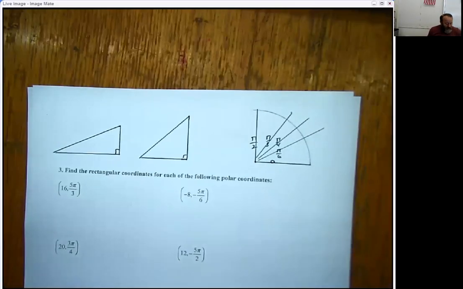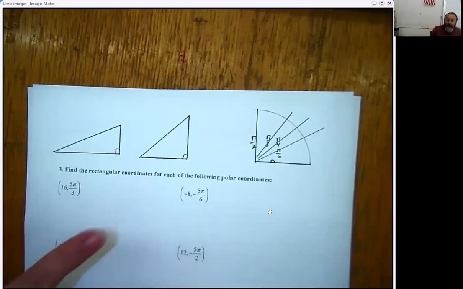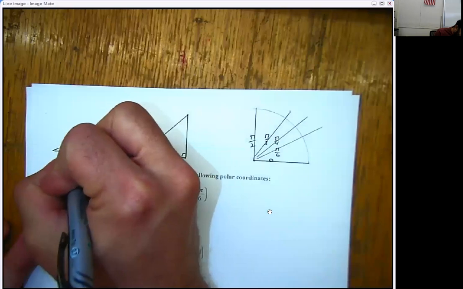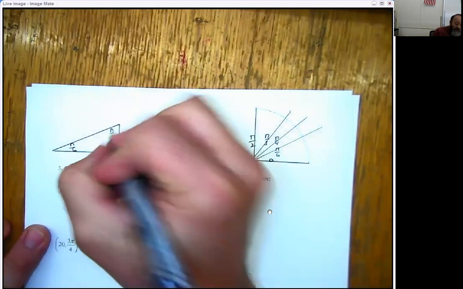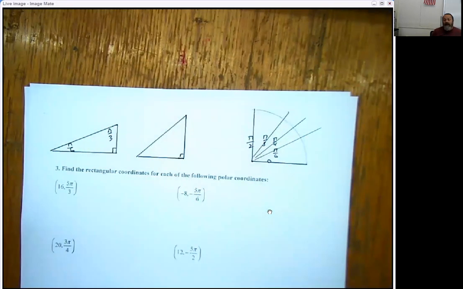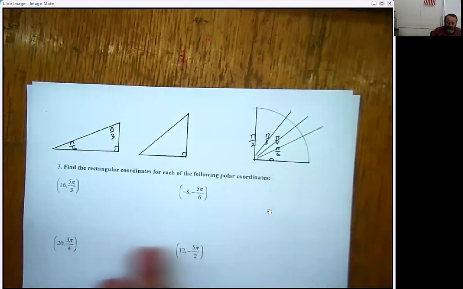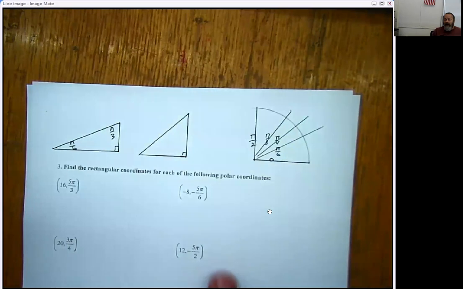Now, up here at the top of my paper, I went ahead and showed you a couple of different triangles, because what I wanted to remind you is that if you have specifically one of these triangles, now this is leading us over here into our unit circle, you're going to notice that many of the values that we have actually come from that story.